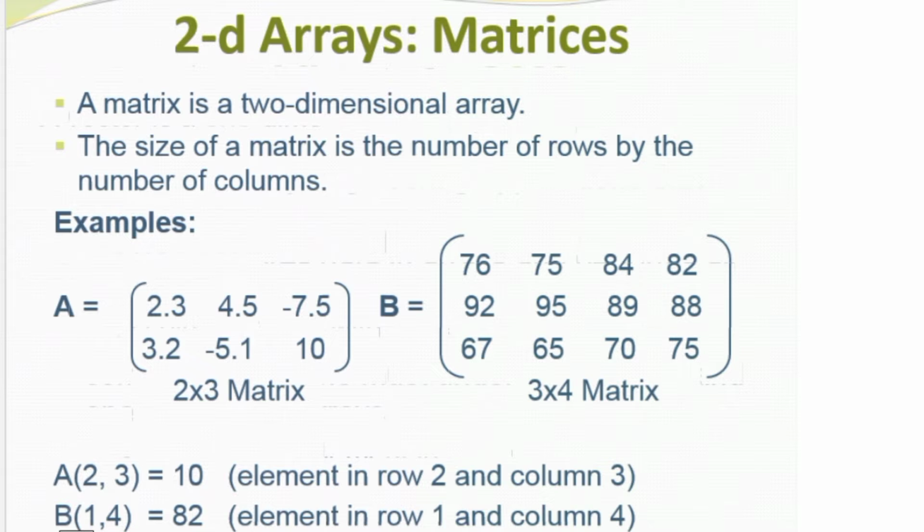If I refer to matrix A, that's all the values in matrix A. But if I look at A(2,3), that means the element that's sitting in row 2 and column 3 of matrix A, and in this case, that would be a value of 10. If I refer to B(1,4), that means I want to look at the element that's sitting in row 1 and column 4 of the B matrix, and that would be the value of 82.